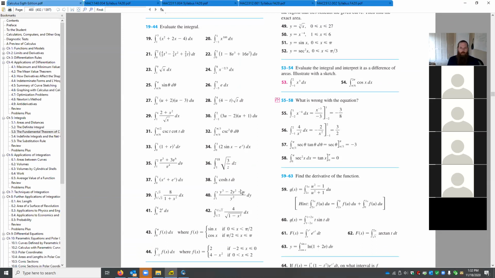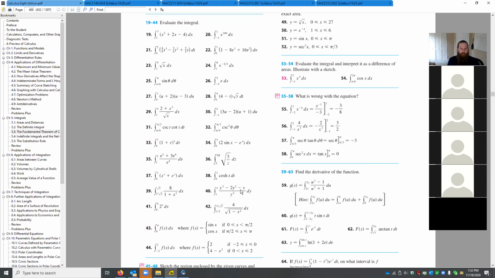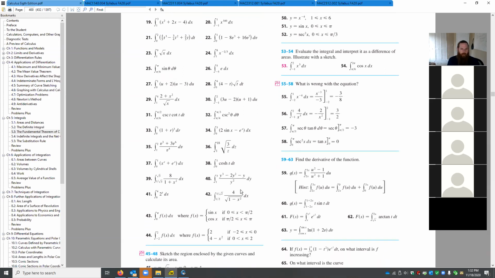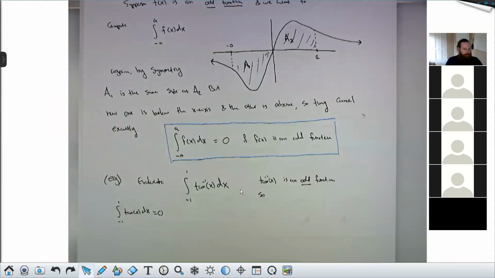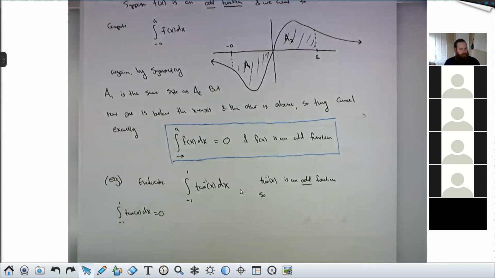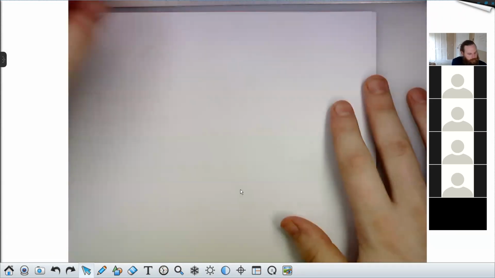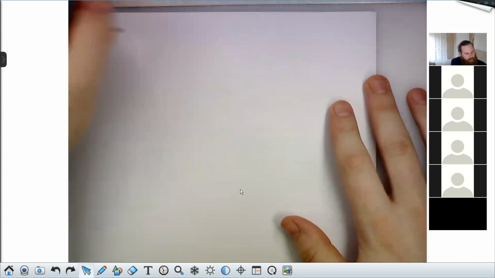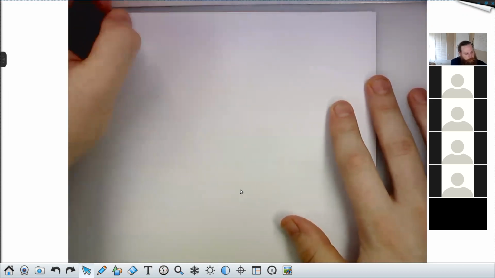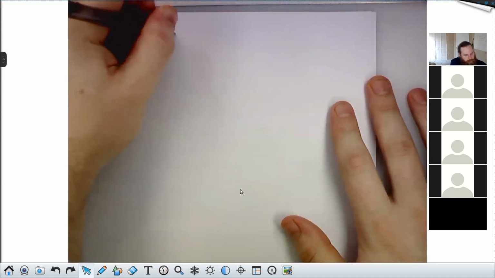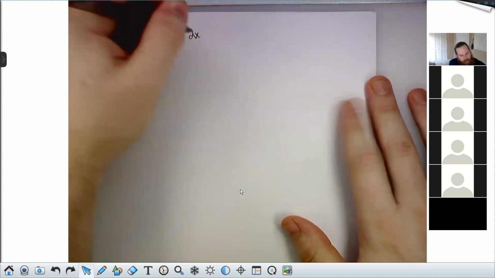It won't be anything horrible, but how about... Okay, so this will be our last example today. Let's integrate from 0 to 1 the function x to the e plus e to the x dx.